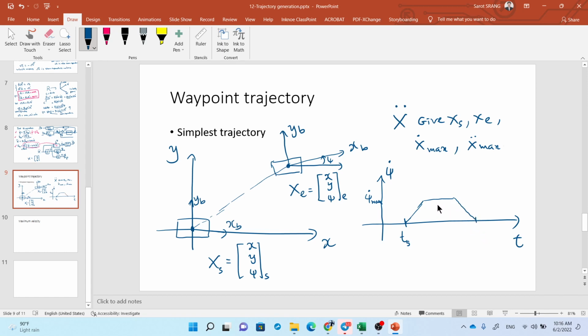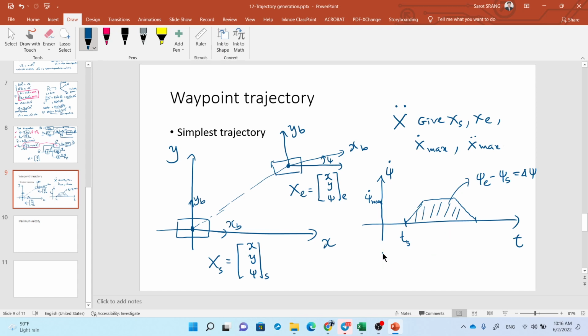Such that the area here would be psi end minus psi start. You got the idea? If the delta psi is too small, maybe during the acceleration phase you don't reach the maximum yet, but you need to decelerate.